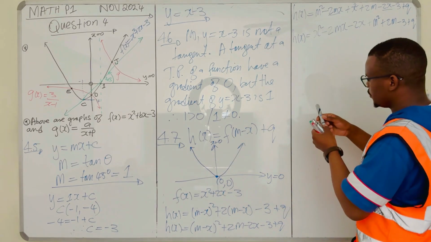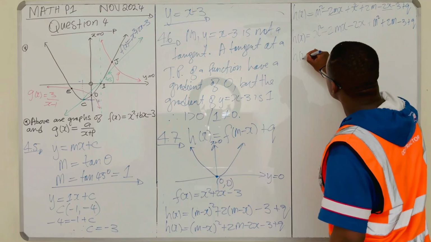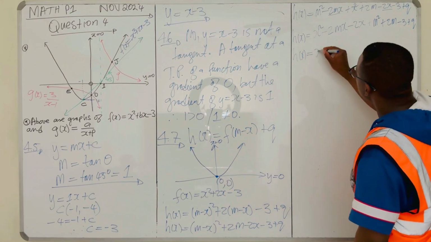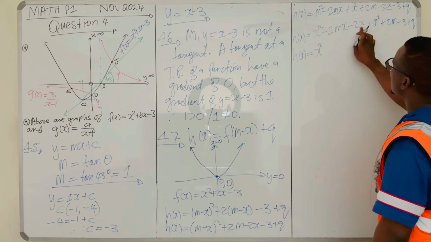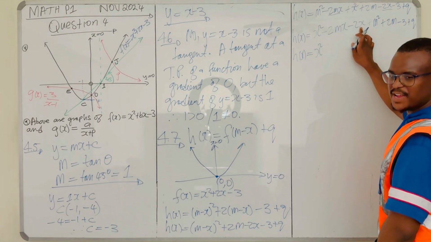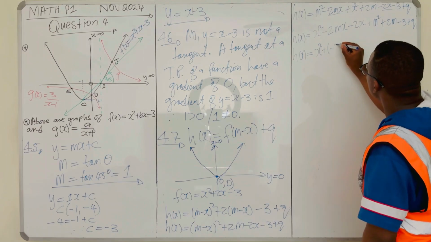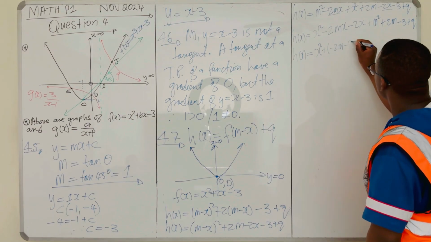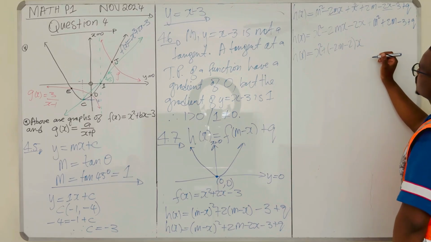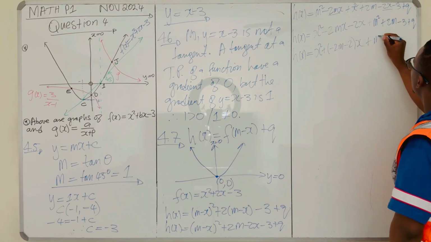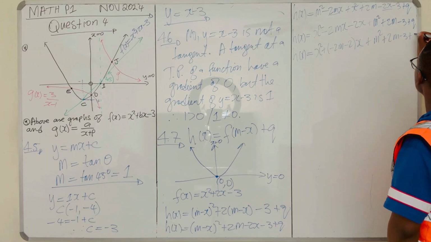So what we're going to do, we're going to say h of x is equal to x squared. I want to take out the x so that you can see the x part. Yes. So let's say plus, I'll put a bracket, minus 2m minus 2, are you with me? Yes. And then I'll put the x out here. Do you agree? Yes. Plus m squared plus 2m minus 3 plus q.